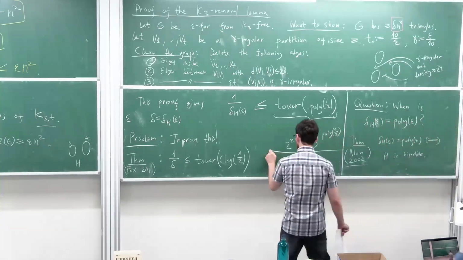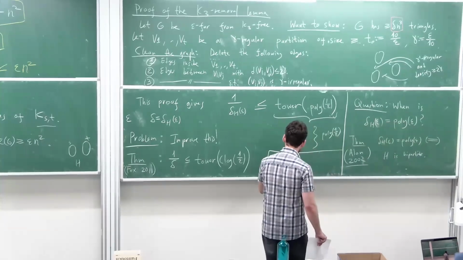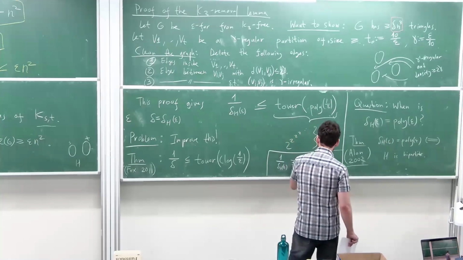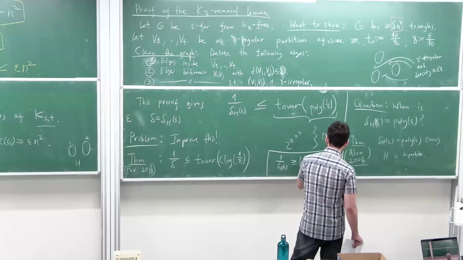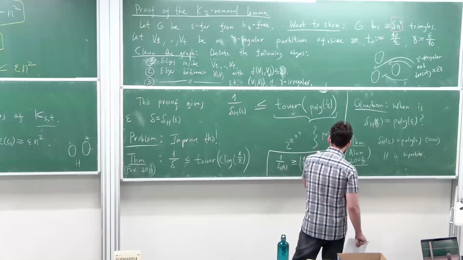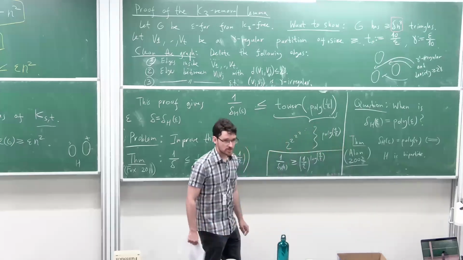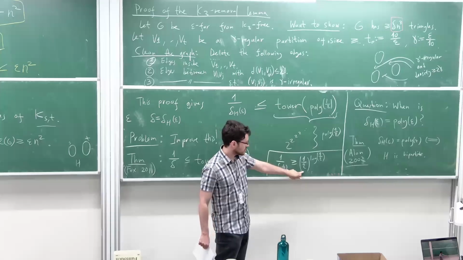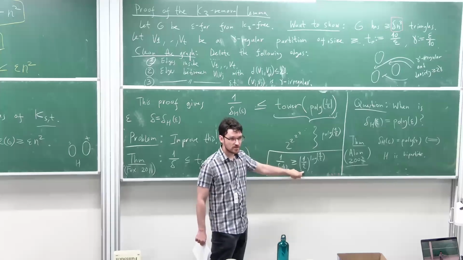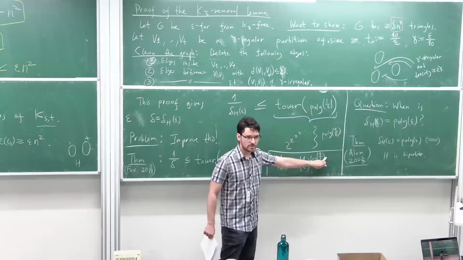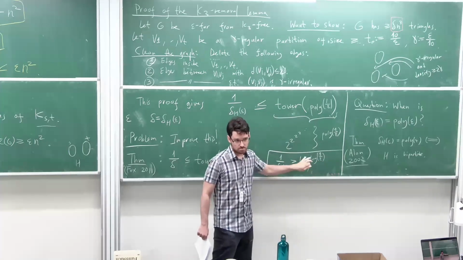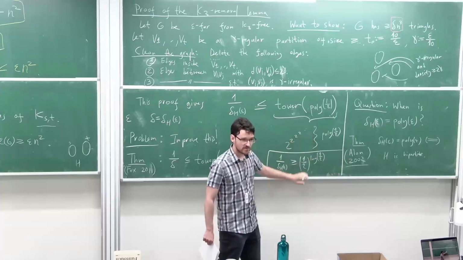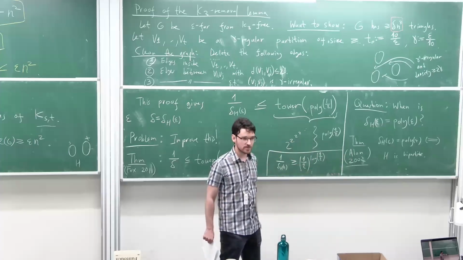The lower bound we will show is that 1 over delta is at least 1 over epsilon to the power of log of 1 over epsilon. So this is not polynomial. It's bigger than any polynomial in 1 over epsilon, because this exponent is growing. It will prove the theorem, but it's still very, very far from the upper bound. And this is the best lower bound.